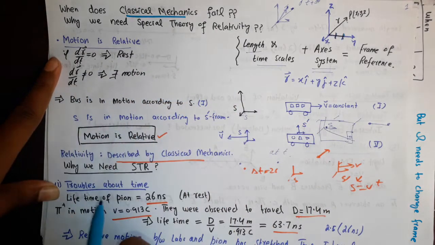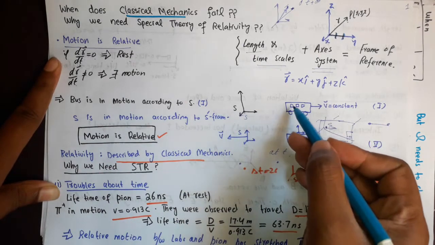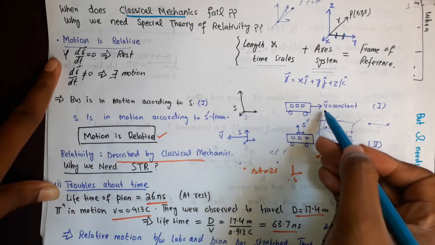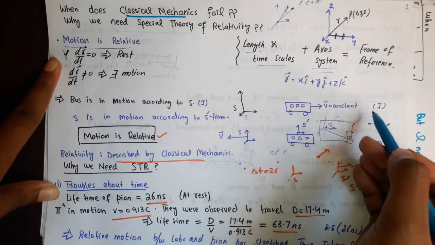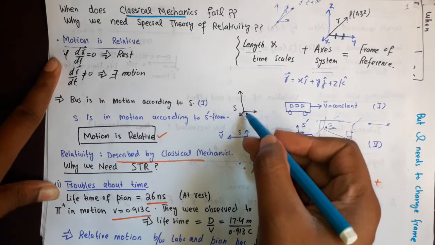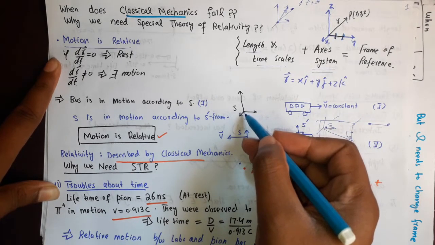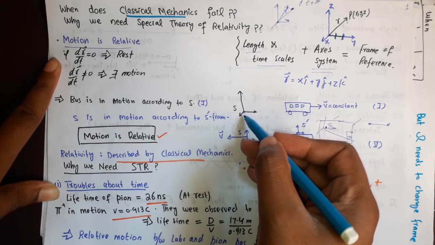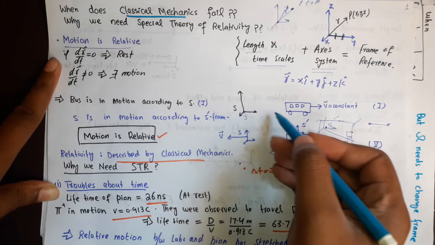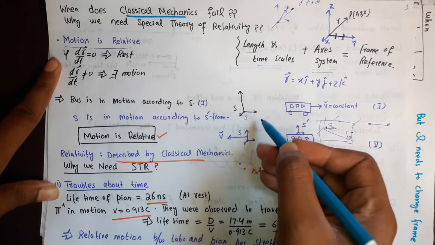But look here, if a bus is moving on a road with a constant velocity v in a particular direction, and here we have an observer standing at the bus stop, we can define a frame of reference here. This is our axis system and we have some suitable length and time scale.